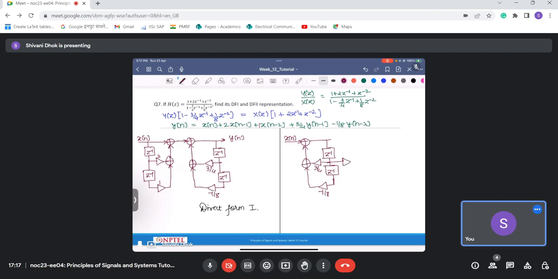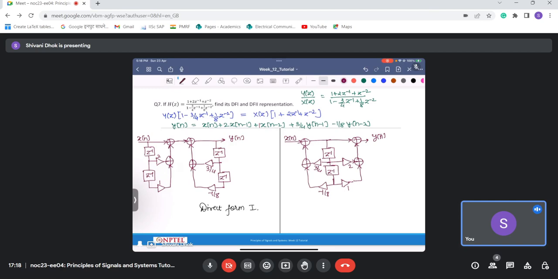Then here it gets multiplied by a factor of 2, and here also a factor of 1 gets added like this. So this is y of n.